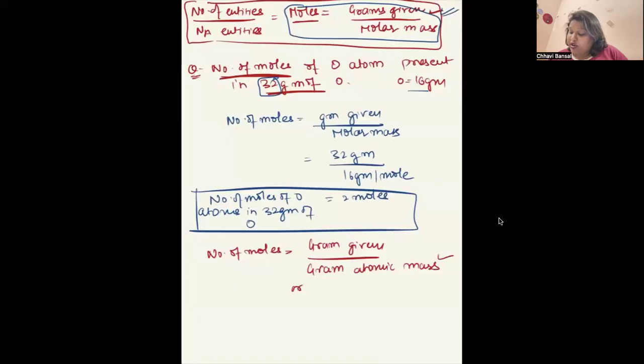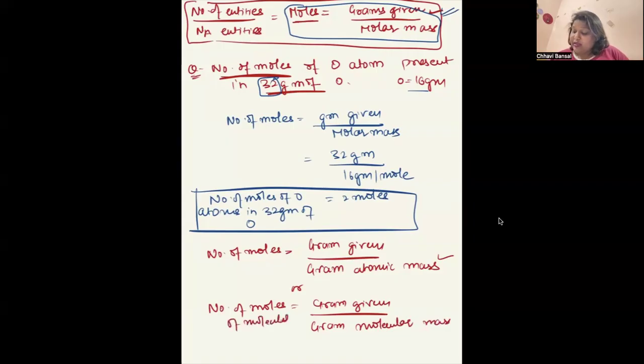If we are talking about the number of moles of molecules, then it will be equal to gram given by gram molecular mass. Okay? This is for number of moles of molecules. This is number of moles of atoms. So whatever the entity is given here, we have to correspondingly use the same mass to find out the number of moles.